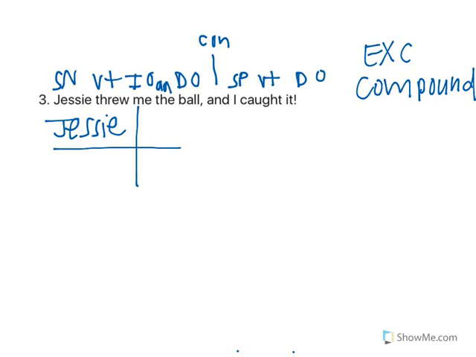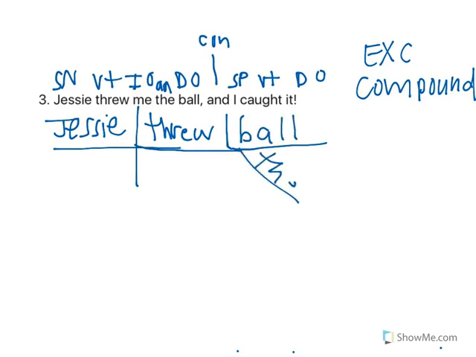Jessie threw. So remember how we diagram our indirect objects, similar to a prepositional phrase, because it's like Jessie threw the ball to me, but it's omitting the preposition there.